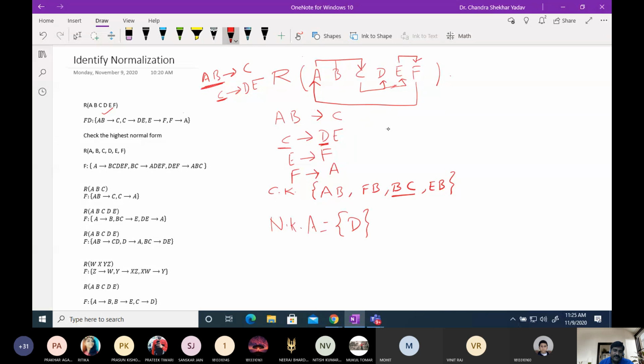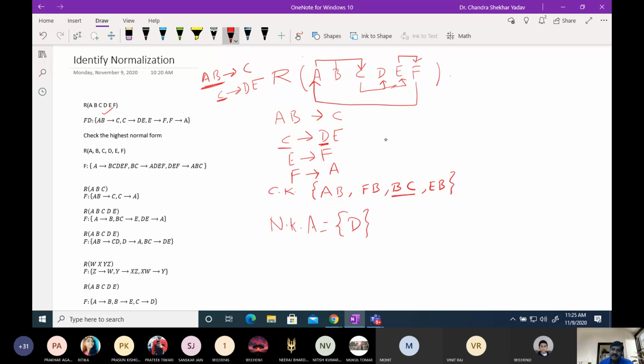So let me know the normal form of R. What is the normal form of R? R is not in BCNF. R is not in third normal form. Why not in third normal form? Because R is not in second normal form, and there exists a partial dependency.